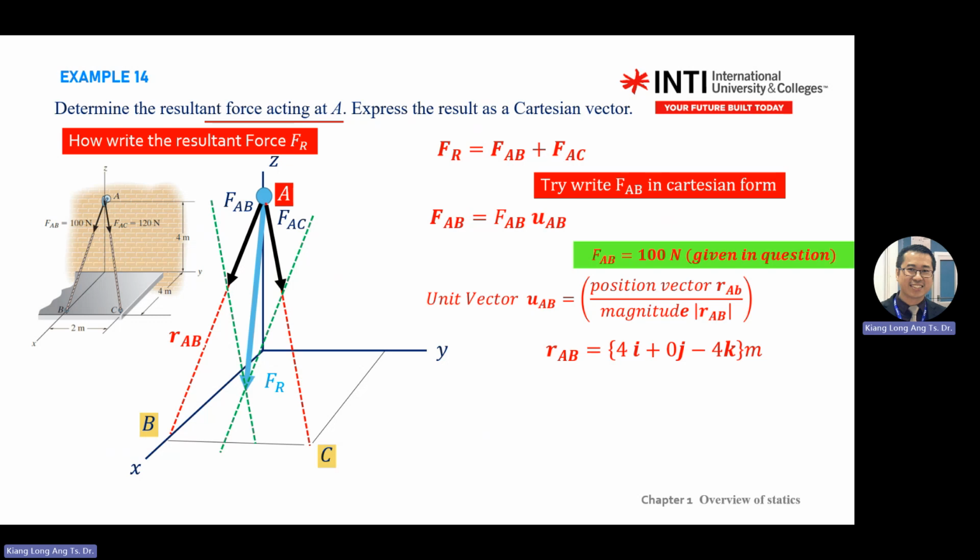If you look at the diagram, how to go from A to B. RAB, you move 4 steps in X. Maintain Y. Move down Z. This is your RAB. Okay. Magnitude, square this one, square this one, square this one. Square 4, square 0, square 4.